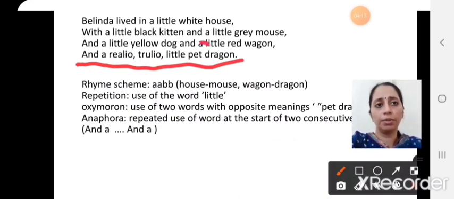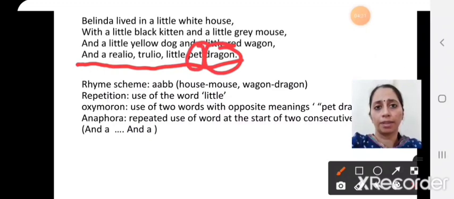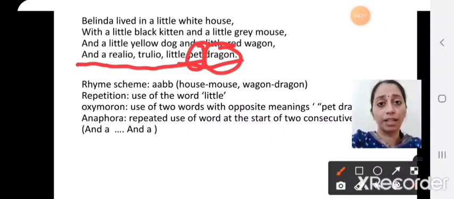Here the words pet and dragon are placed next to each other. One we say a pet and then we say dragon. Dragon is wild. So again, two contradictory ideas. And if you see they are next to each other, yes, that makes it an oxymoron. They are just placed one after the other.